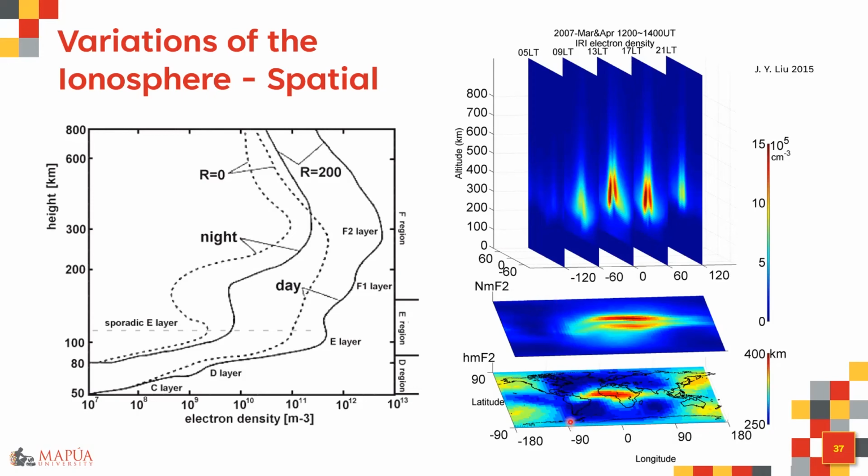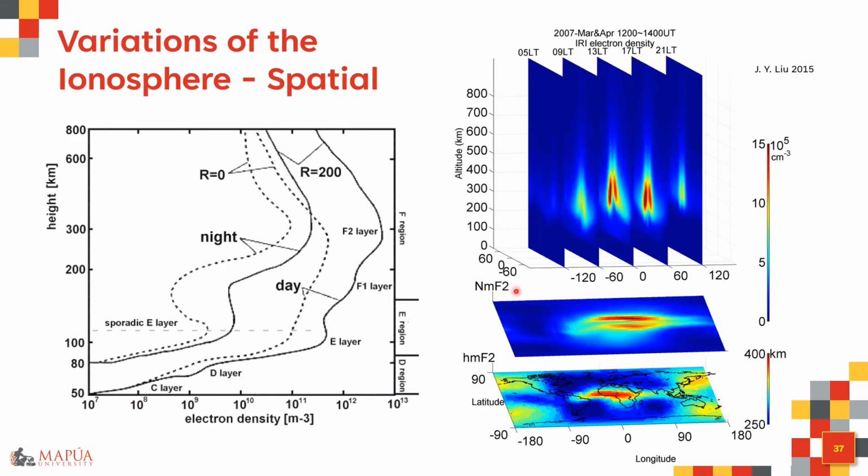For example, on this graph, this region where you can see red, light blue, and green is where you have high ionization. That means this is where the side of the Earth is facing the sun.